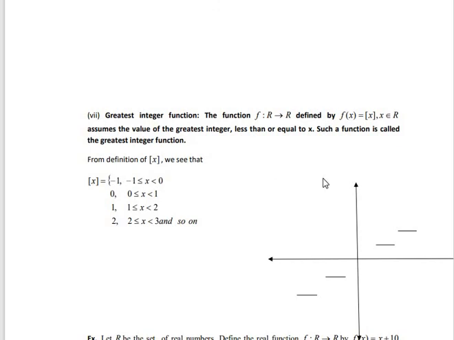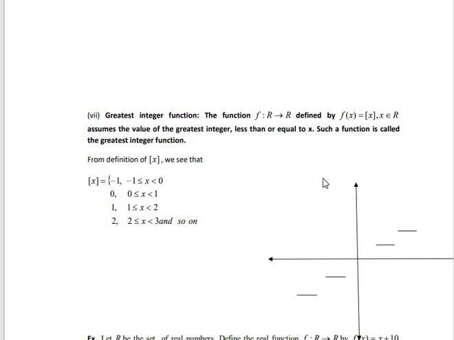You can include -1 as well. If I take the value of x as -1, box of x is again -1.